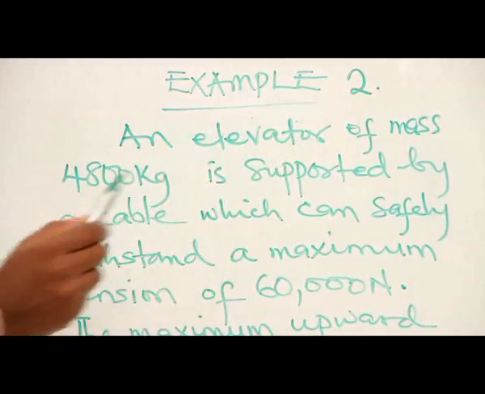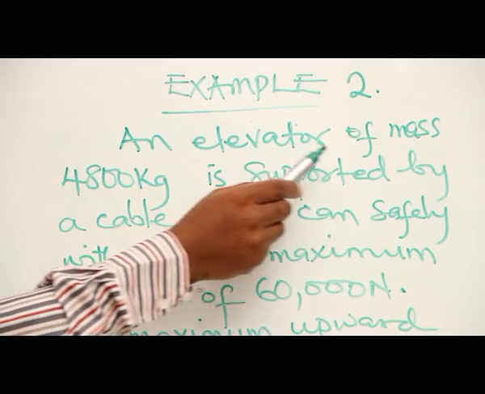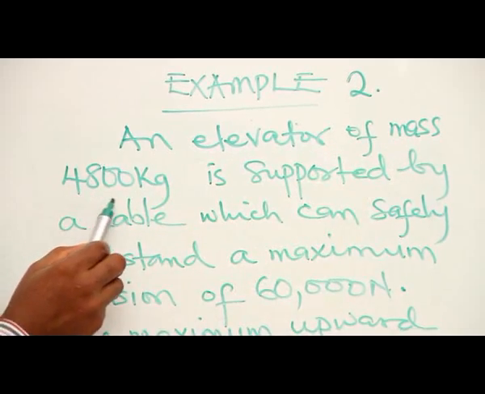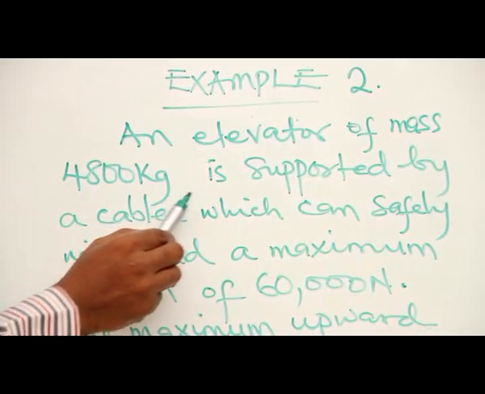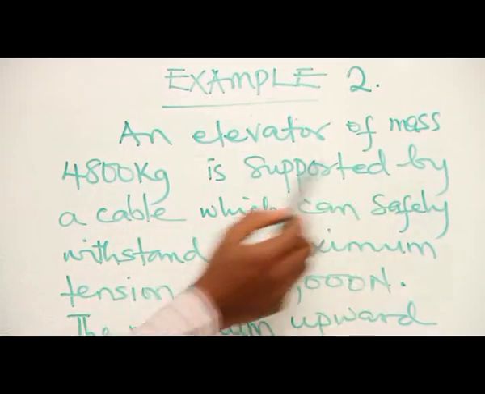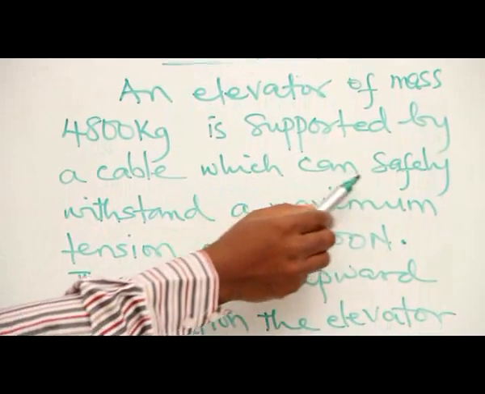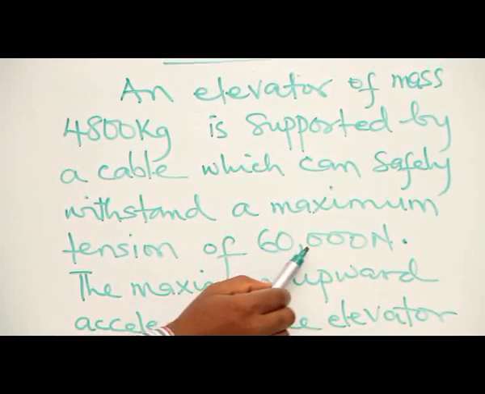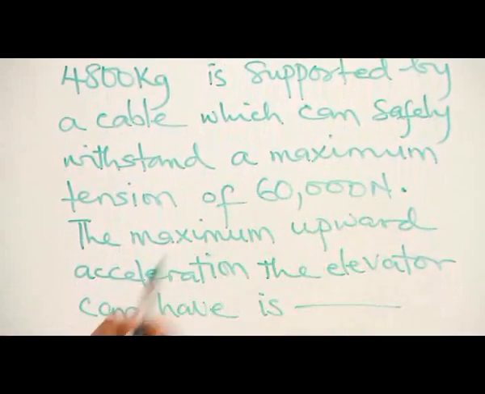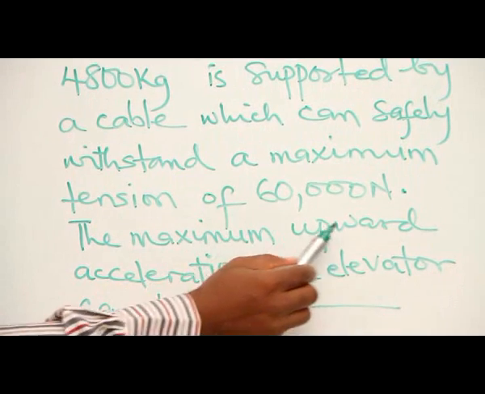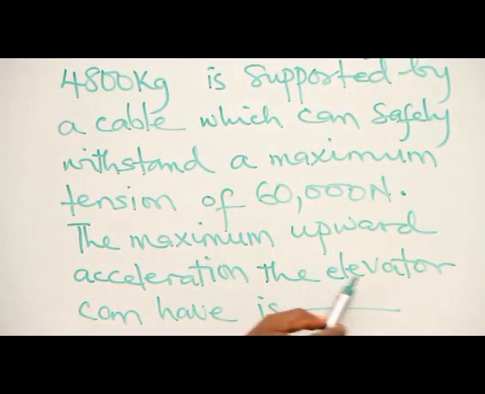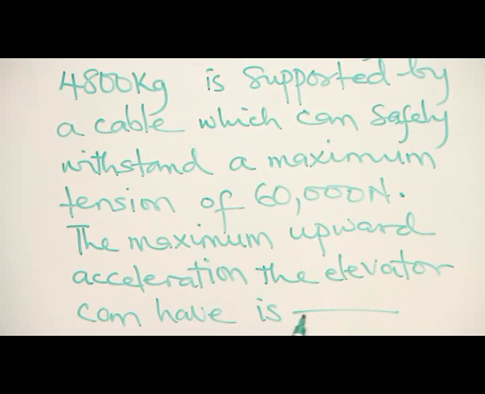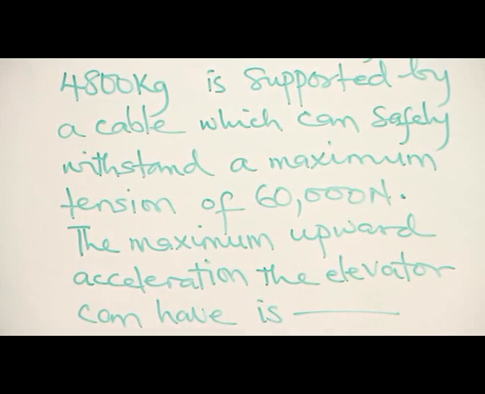Example 2. An elevator of mass 4,800 kg is supported by a cable which can safely withstand a maximum tension of 60,000 Newton. The maximum upward acceleration the elevator can have is dash.